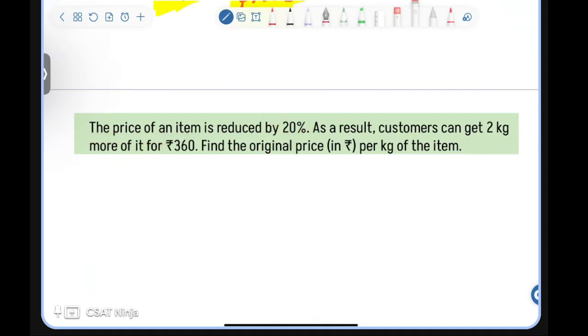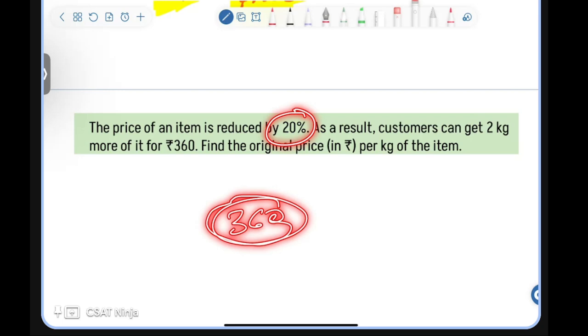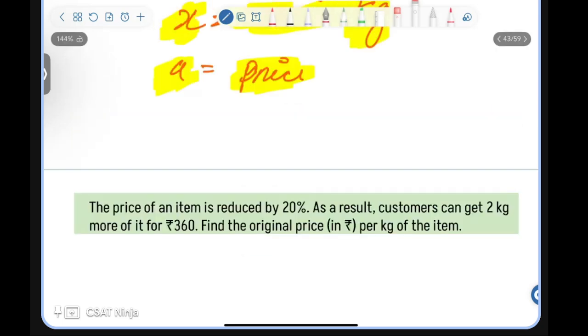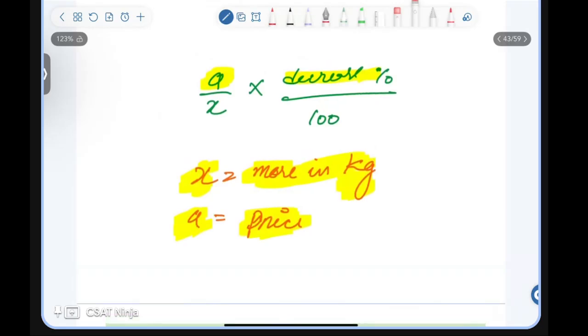That means there is a decrease in price, and because of the decrease in price, the customer is getting 2 kg more for 360 rupees. Because of the discount here, the customer is getting 2 kg more. That's what it says.